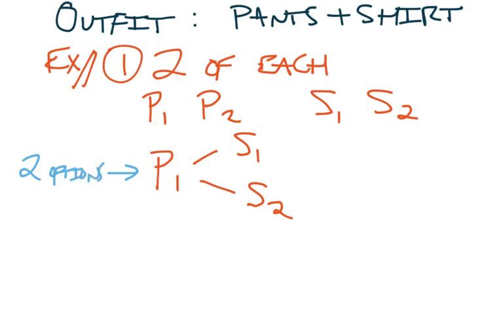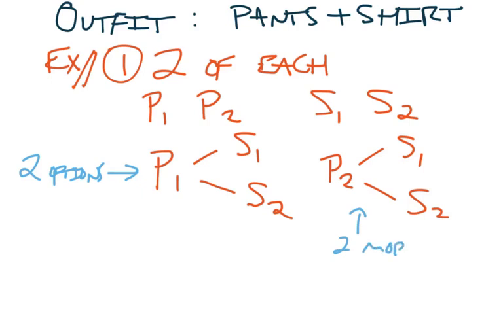All right, this gives us 2 ways of making that decision that have the pair of pants as being pants 1. All right, now do the exact same procedure and change the only thing that we have to change, which is what happens if we start with pants 2 instead. Well, then you could have shirt 1 coupled with that, or you could have shirt 2 coupled with that, and this gives us 2 more options.